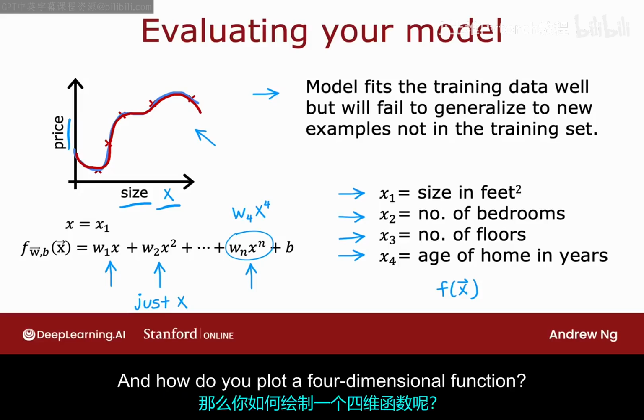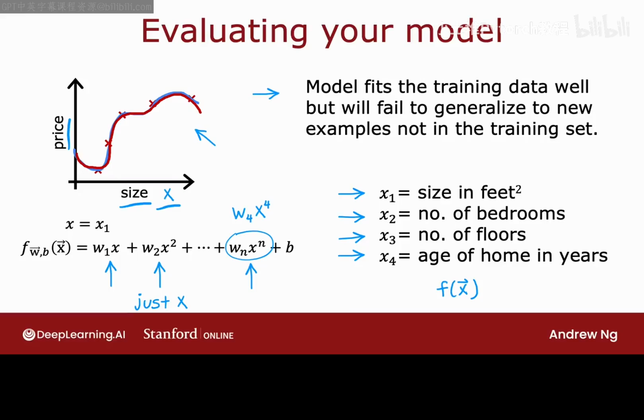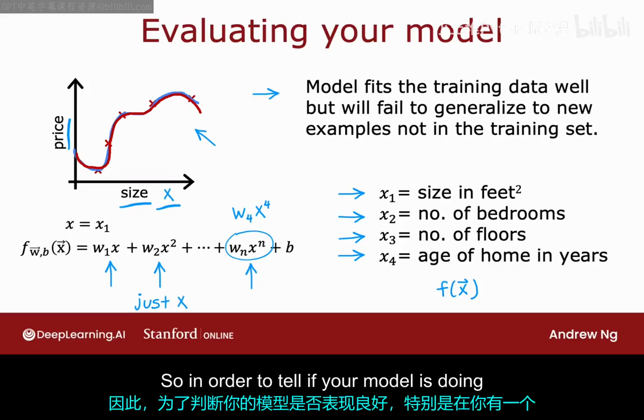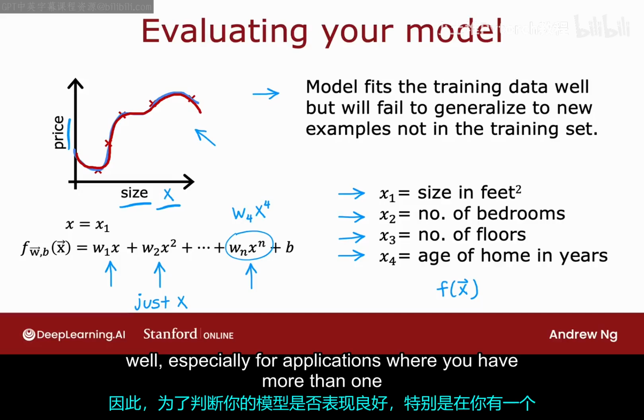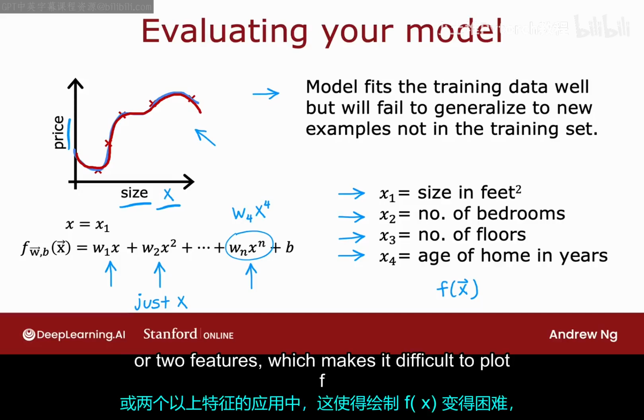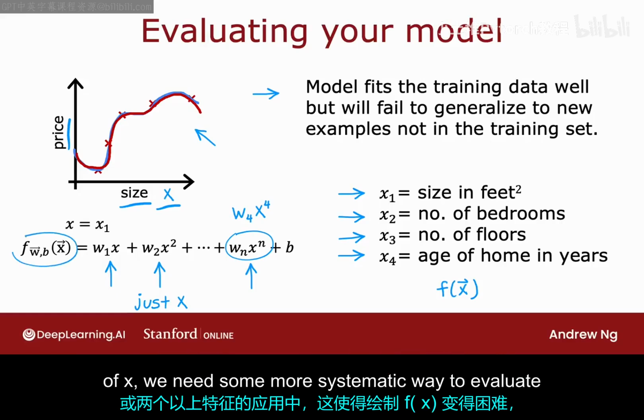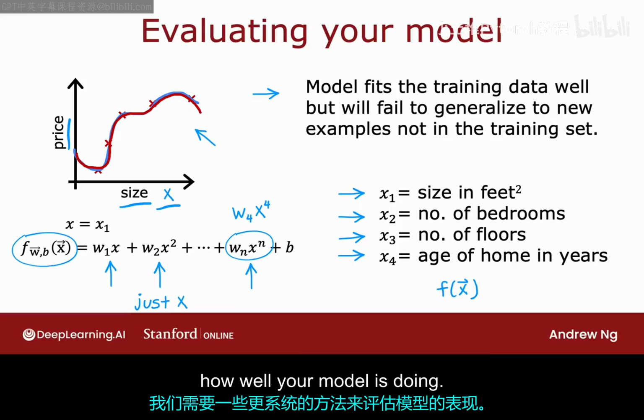And how do you plot a 4-dimensional function? So in order to tell if your model is doing well, especially for applications where you have more than 1 or 2 features, which makes it difficult to plot f of x, we need some more systematic way to evaluate how well your model is doing.